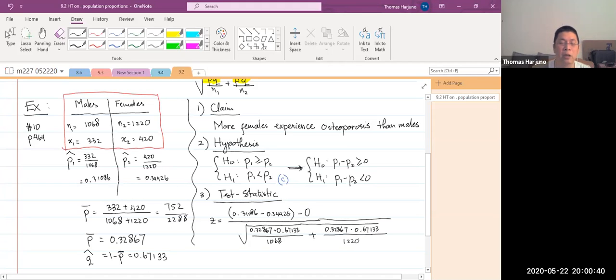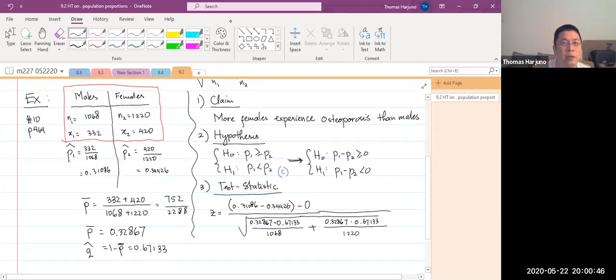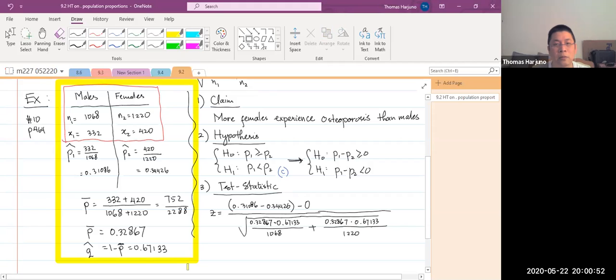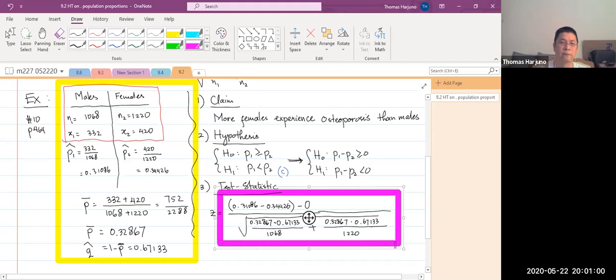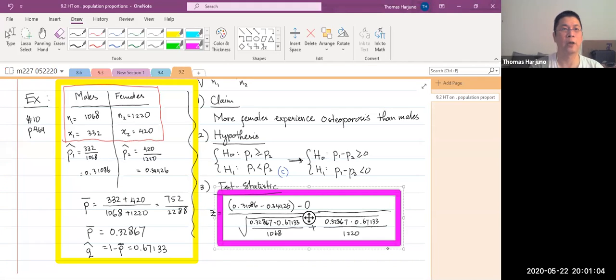Now you will see for this section, that's the most painful part. In fact, to set it up is easy. This is easy. This is hard.